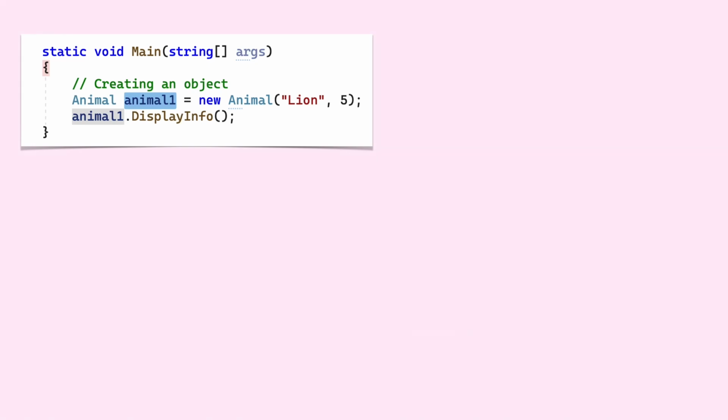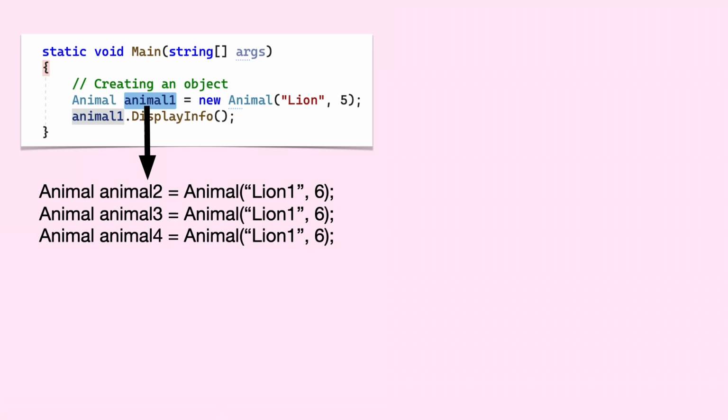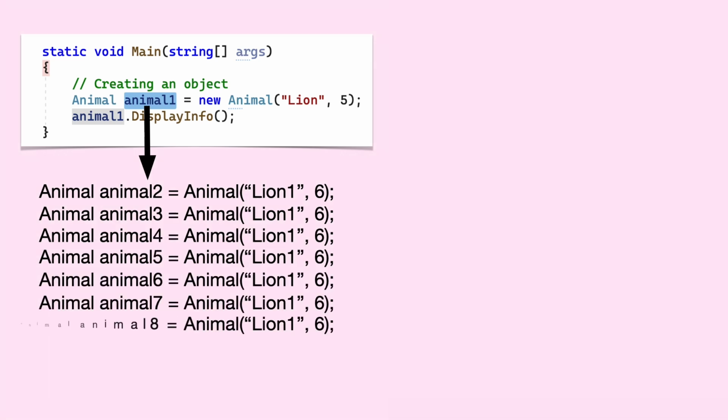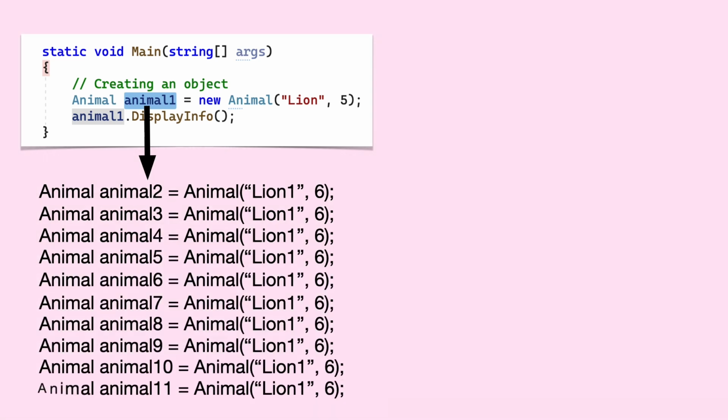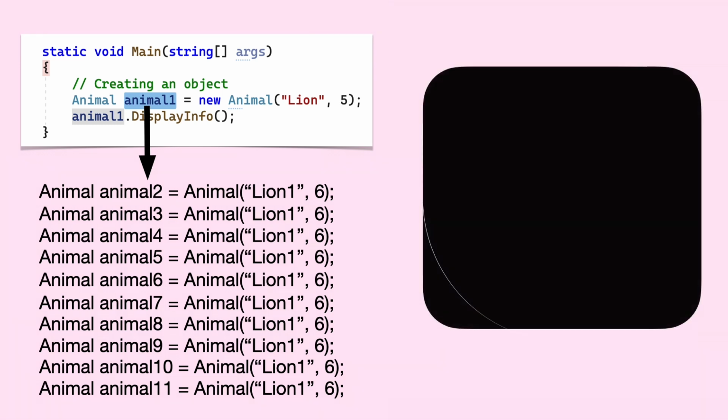As we have seen in main, we have this line, animal1 equals new Animal, with lion and 5 as the parameters, and we are creating an object of Animal. If you start creating objects, whether they hold managed or unmanaged resources, it will increase the count of objects.